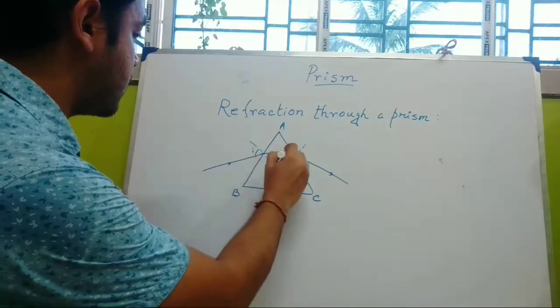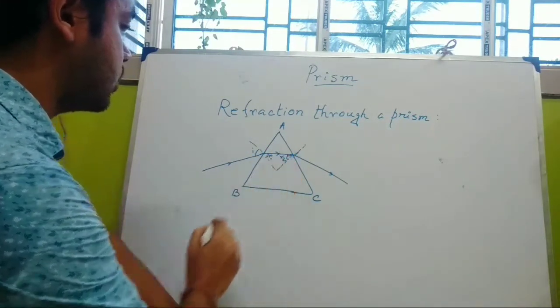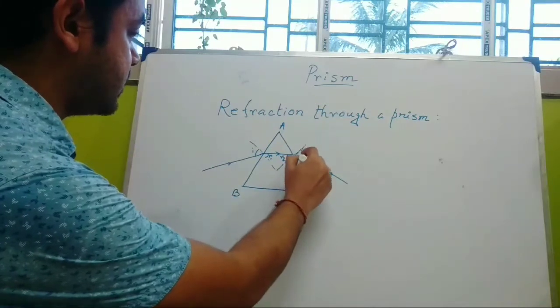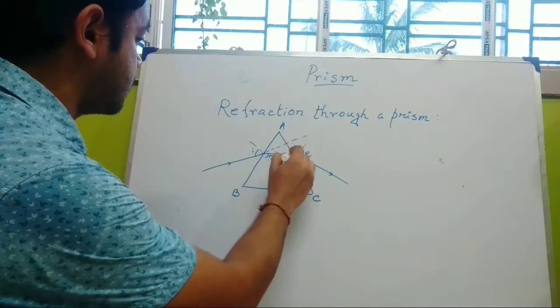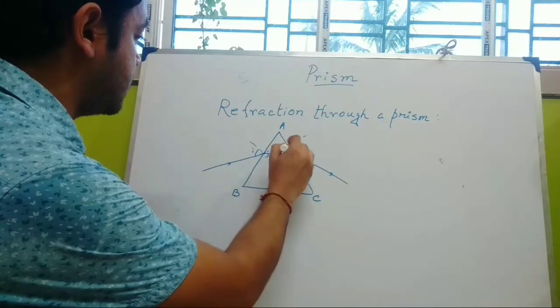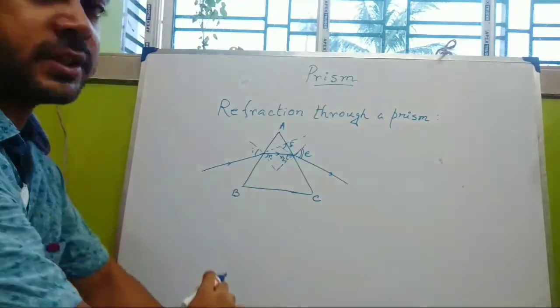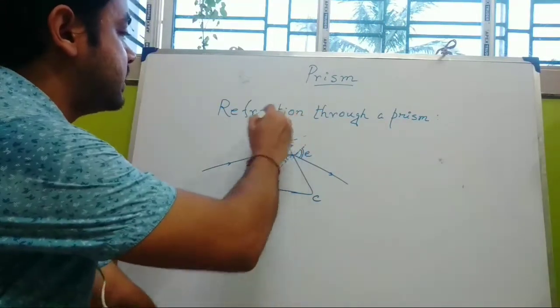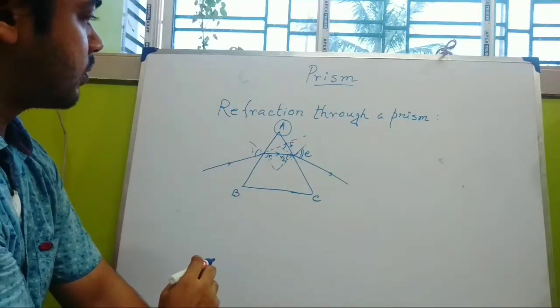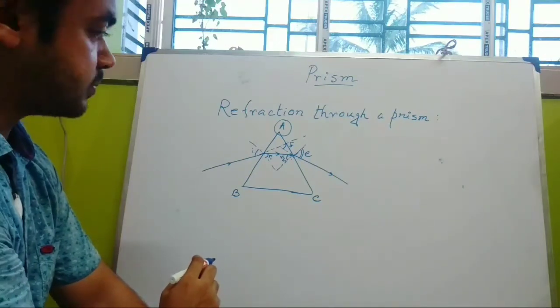This is R1, this is R2. This is the angle of emergent and this is the angle of deviation.